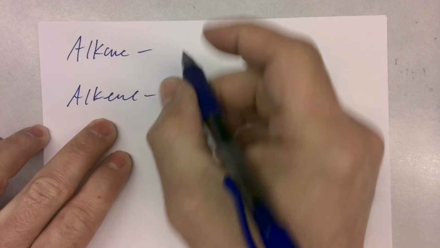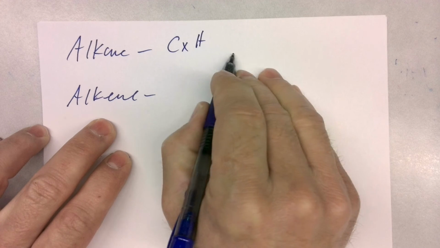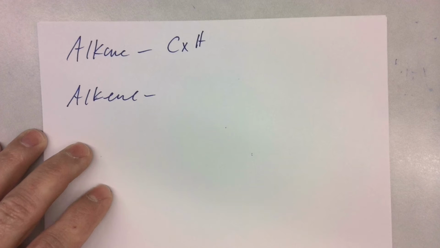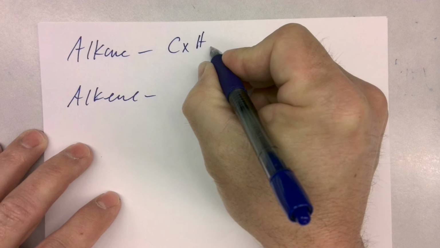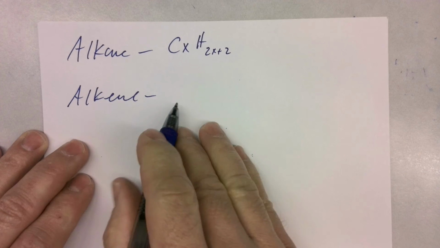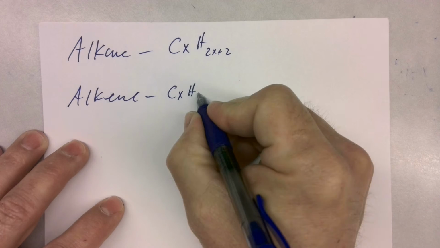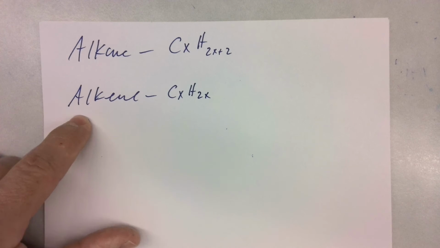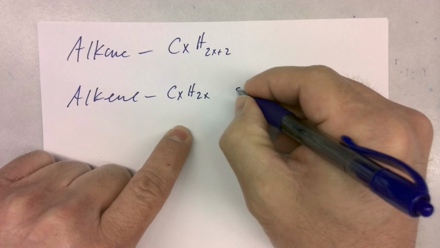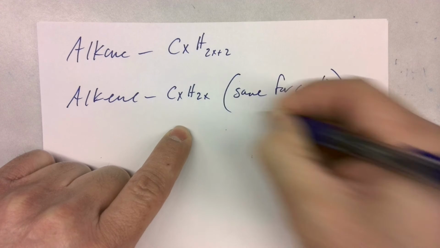So an alkane is going to be CxH, anybody remember the little formula I gave here? 2x plus 2, right? And an alkene is CxH what? 2x. And that also works with the cycle. Exactly. This is the same for cyclic structures. I was literally just going to mention that.